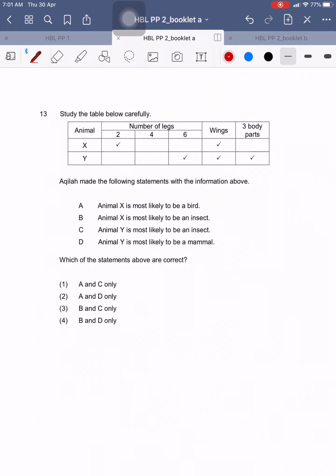Okay, next, question 13. Now study the table below. Now, Akila made the following statements with the information above. So, it says that A, animal X is most likely to be a bird. Now, we know that birds have feathers. Alright. The key thing is that they must have feathers. Okay, they also have beaks.